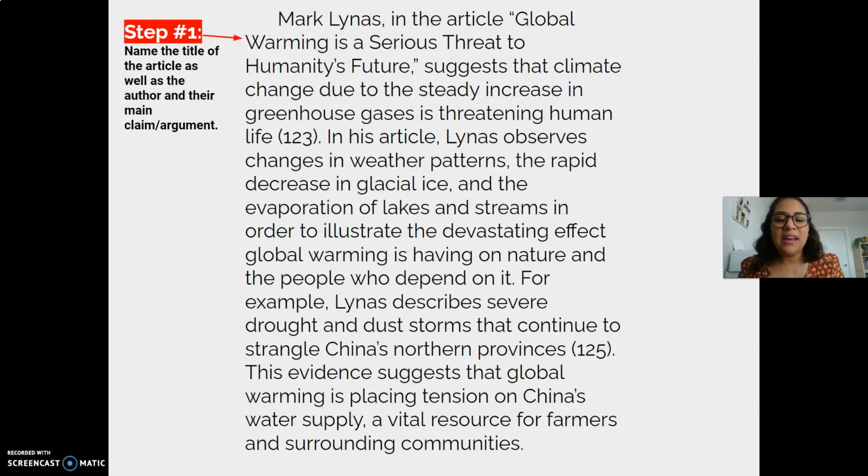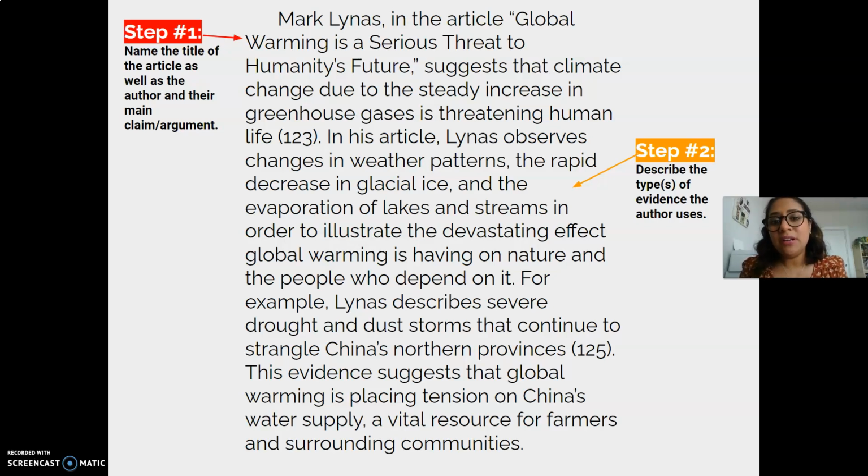Okay, now think to yourself, what is the writer doing in this second sentence that lines up with the steps that I just outlined? If you thought to yourself, step number 2, describe the types of evidence the author uses, then you are correct.